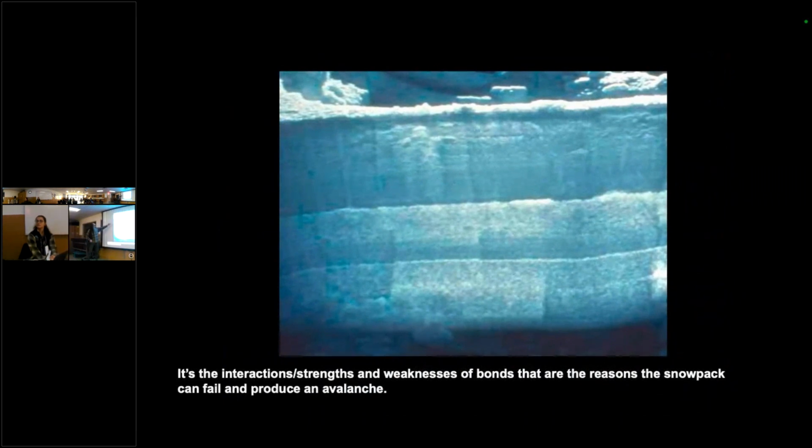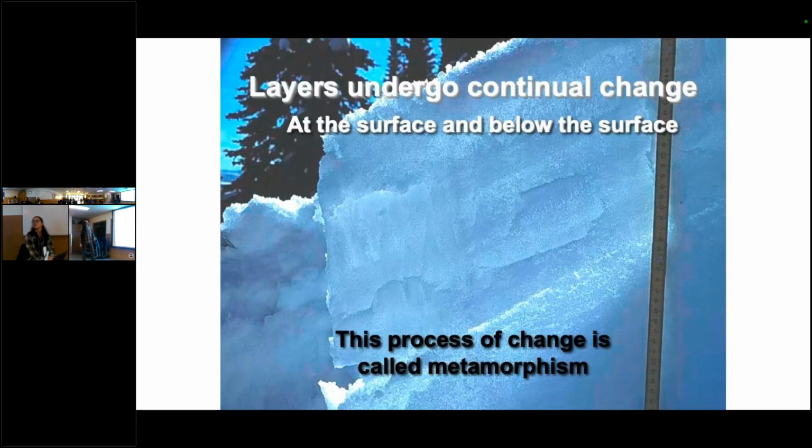Here's a cross view of the layers. You can see different densities. And the snow is always changing. At colder temperatures, it's not changing as fast.